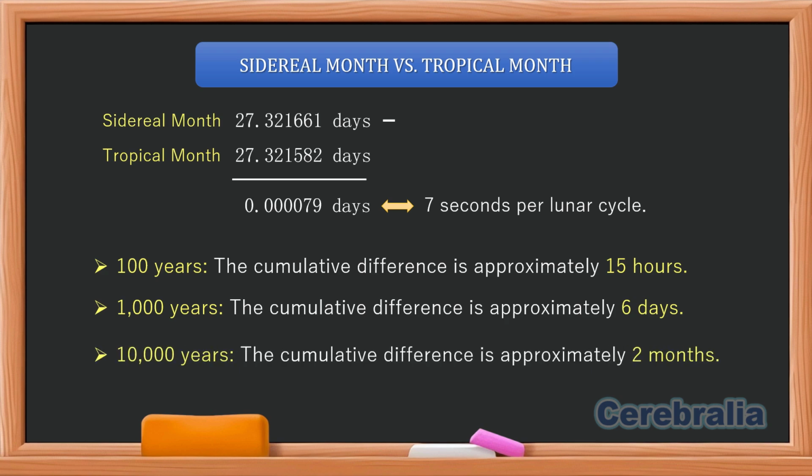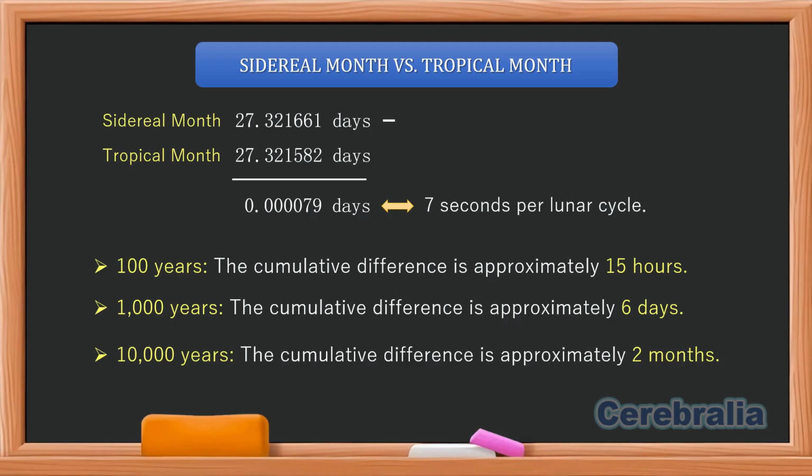Across 10,000 years, this discrepancy would lead to a deviation of roughly 60 days in astronomical calculations, equivalent to 2 entire months. It is worth noting that even minor cumulative deviations can lead to significant repercussions over time.